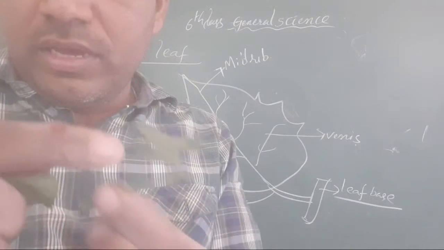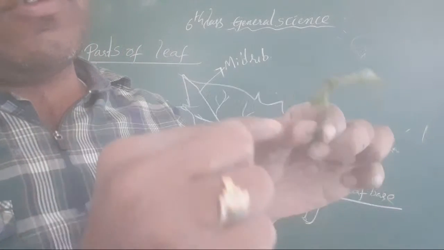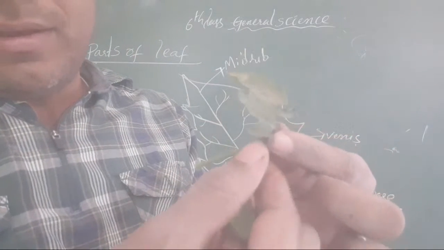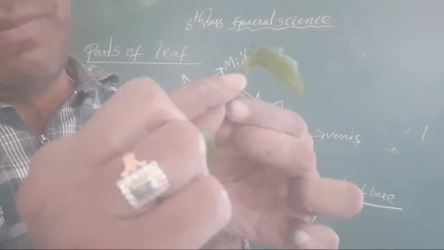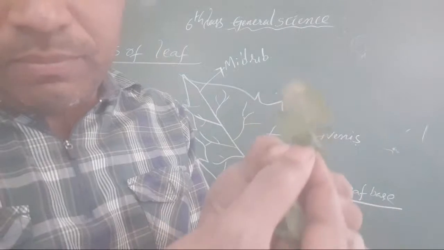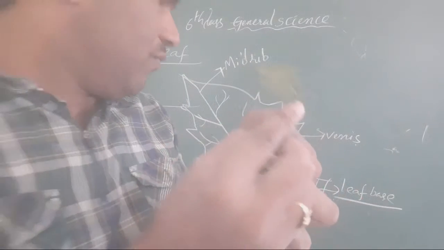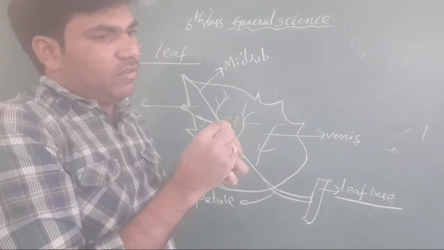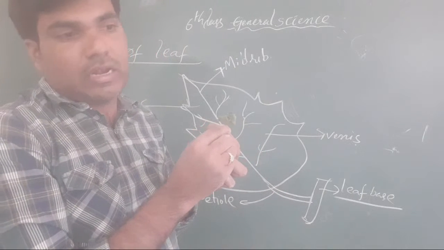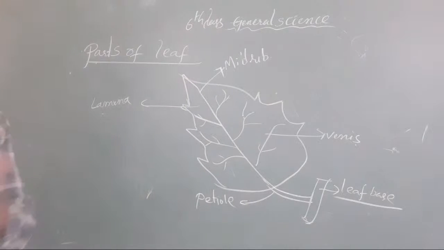Listen carefully. This is the stem we considered, and here this part will be there. This particular base, which connects our stem and the leaf, is called what actually? It is called the leaf base. This is called the leaf base.